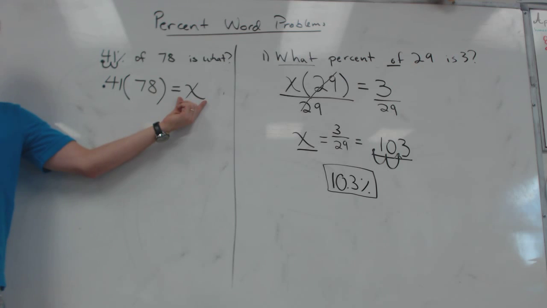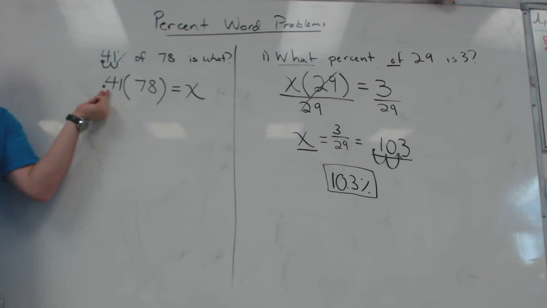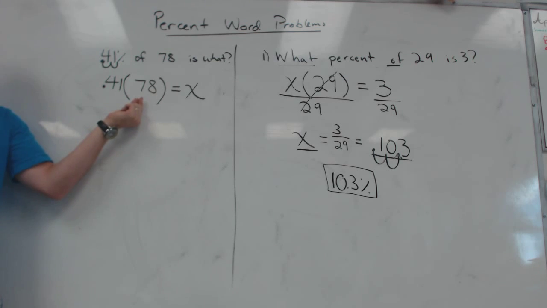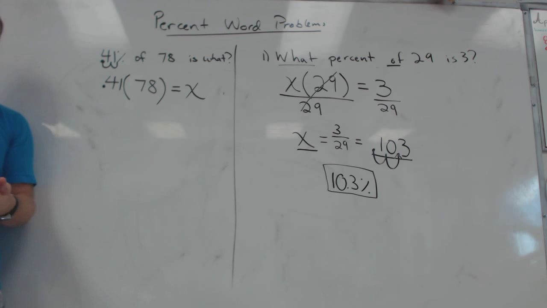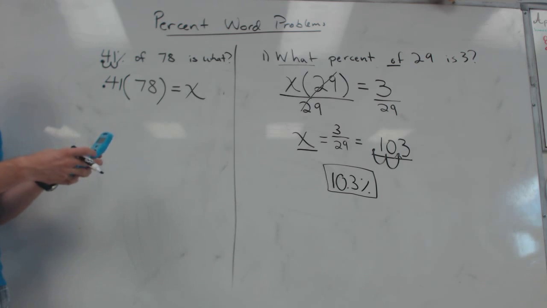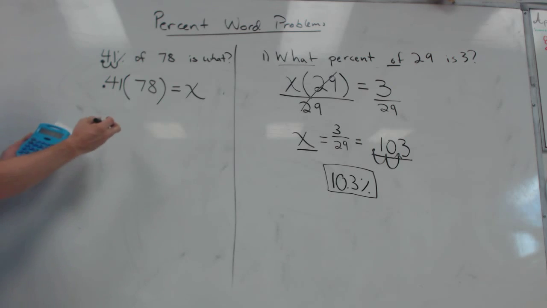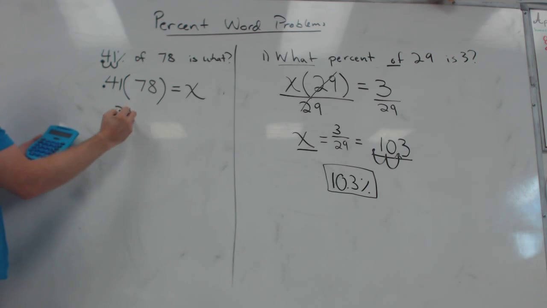We already have x all alone over here. All we have to do is figure out 0.41 times 78. 41% of 78. So you take out your calculator, 0.41 times 78 equals, and we get 31.98.